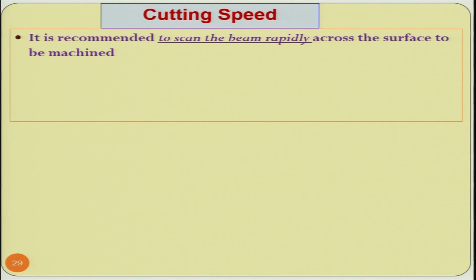Cutting speed, it is recommended to scan the beam rapidly on the workpiece surface across the surface to be machined. Otherwise, you may get the fissure which may be deeper than what you want, or it may not have the characteristics which you are looking for in the machined workpiece.